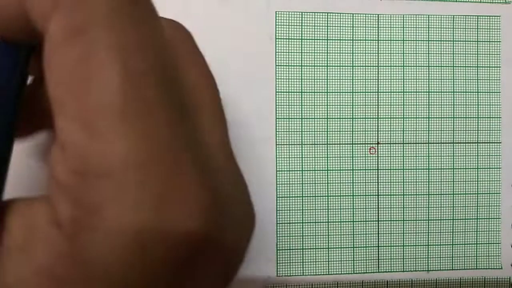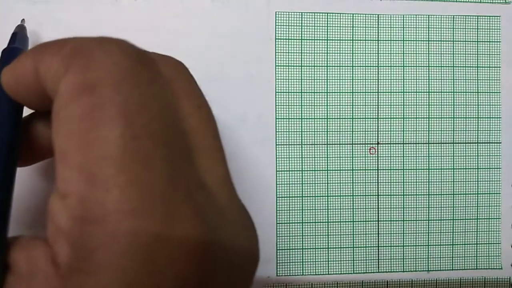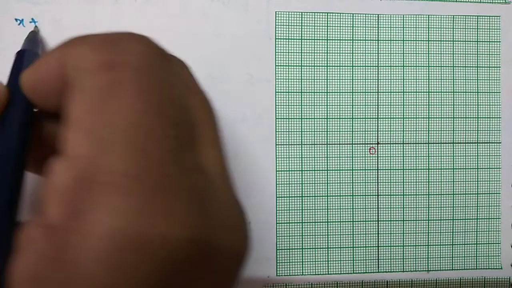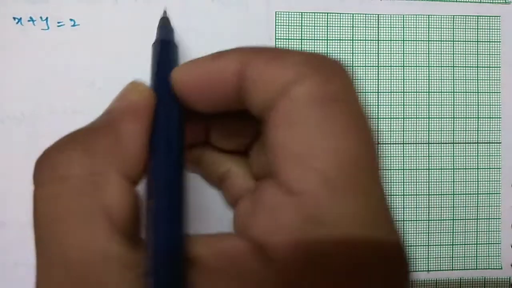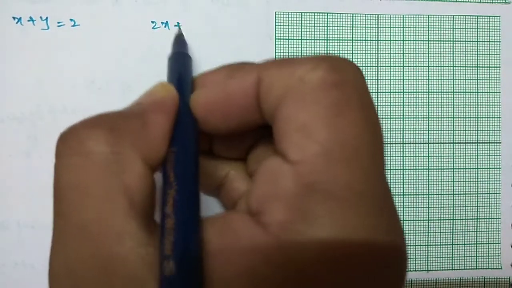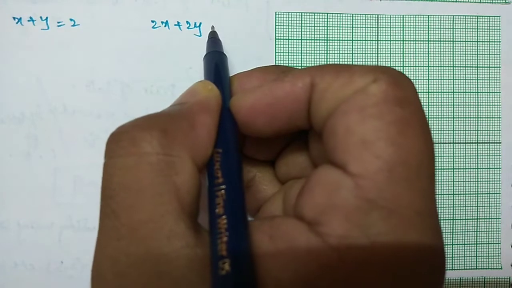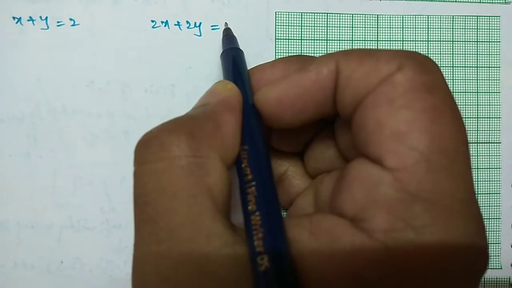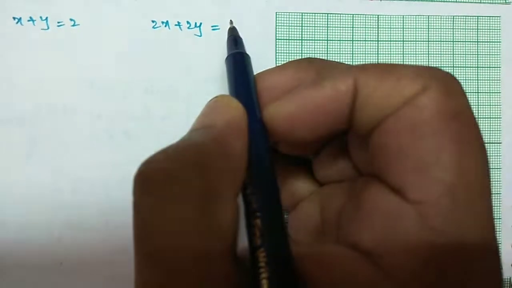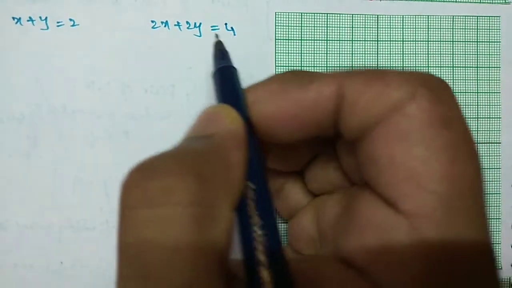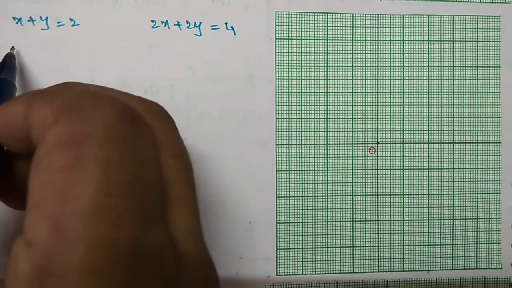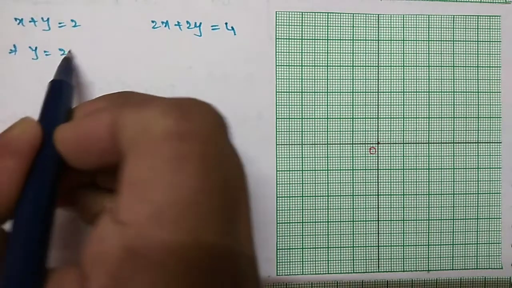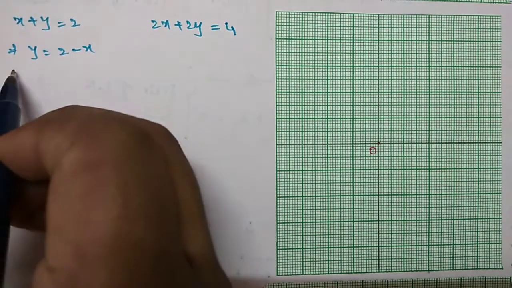Now go to the second case. Let us consider these two equations. Again, x plus y equal to 2, 2x plus 2y equal to 4. From this we can write again y equal to 2 minus x.